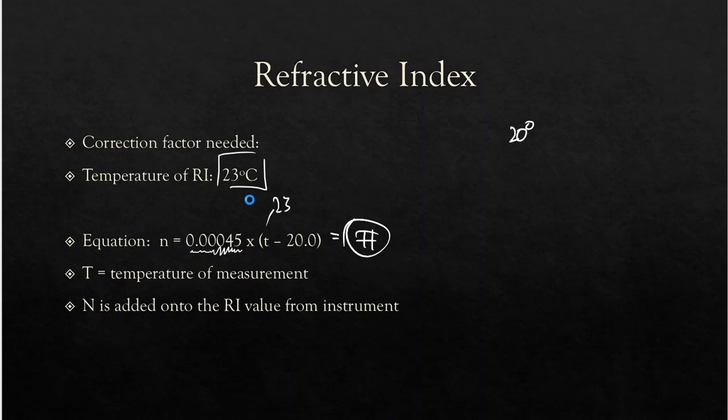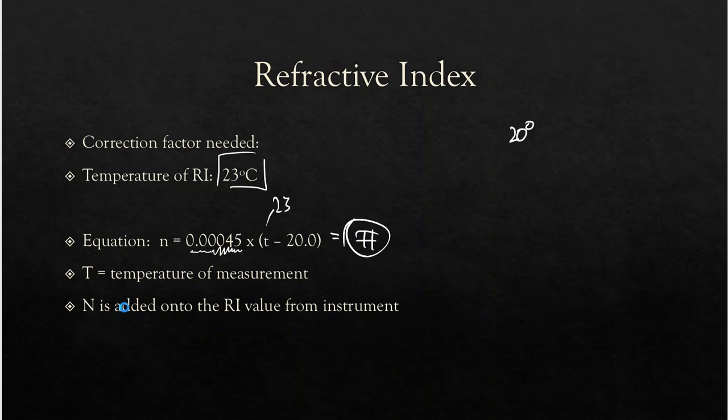But if my room temperature was 19 or 18 because I liked it super cold, or we live in Alaska, then this number is going to go negative, which means the total value will become negative at the end. We keep that negative if that's what goes on, but it's not going to happen here because we've got 23. So once I get this number, I'm then going to add it.